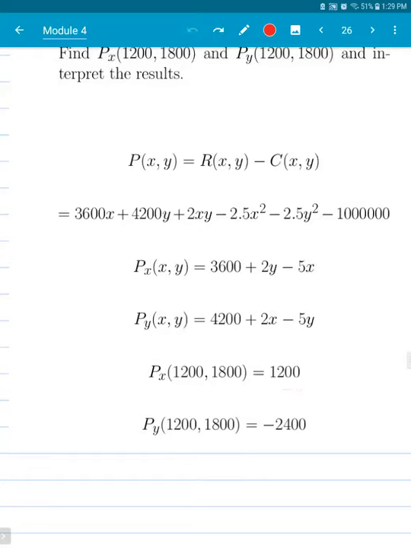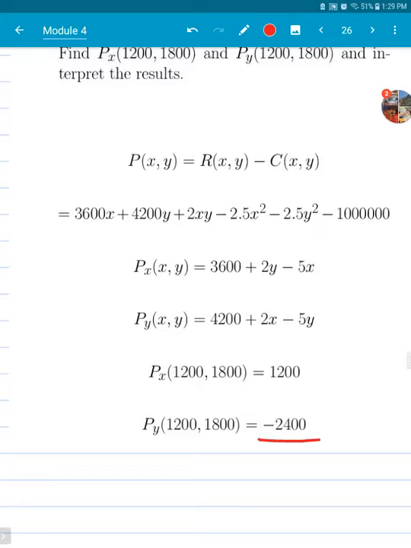Now, similarly, per unit increase in Y, okay? Fixing the production of type A calculators at this level, if we increase by 1 unit, what happens is the overall productivity, or the profit function here, will decrease, a negative value of about 2,400 pesos.